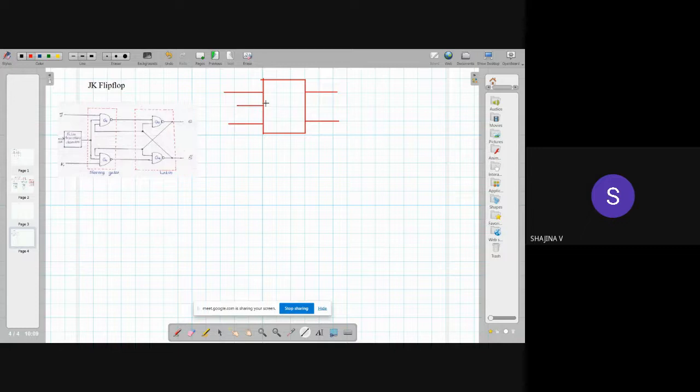Okay, so here also I am considering positive edge triggered clock. This is clock and J input, K input, Q output and Q bar output. So this is our JK flip-flop, logic symbol corresponding to JK flip-flop.